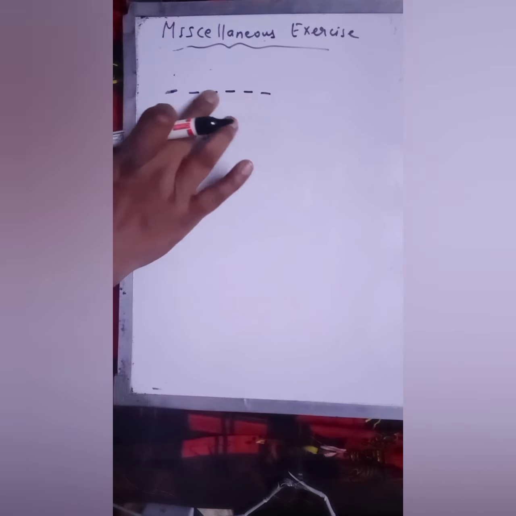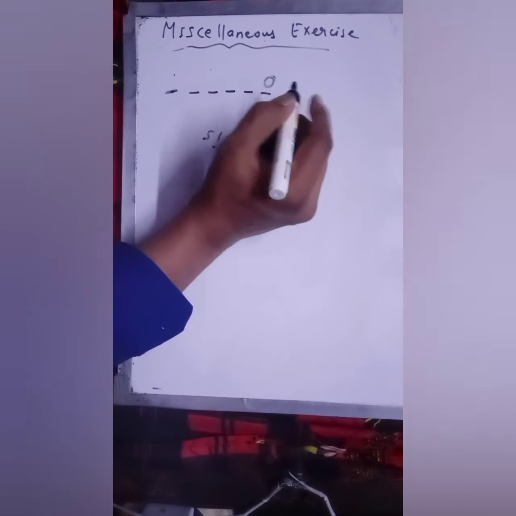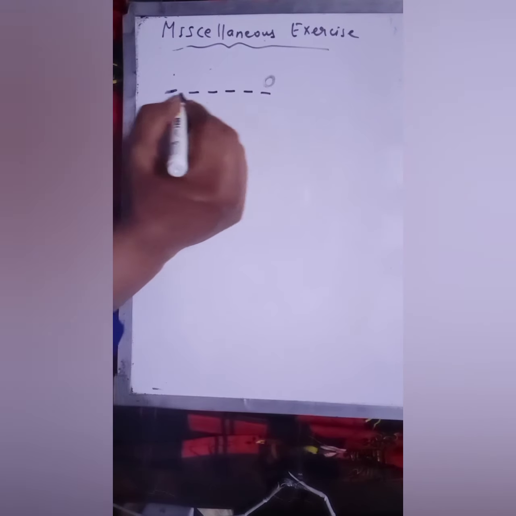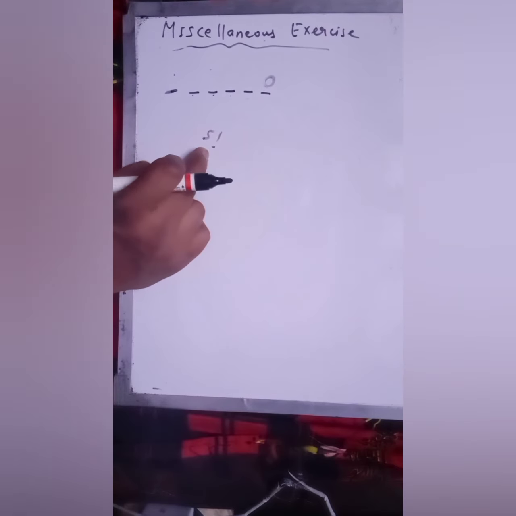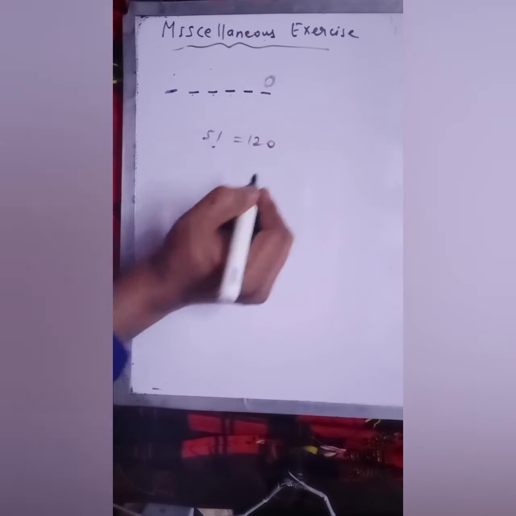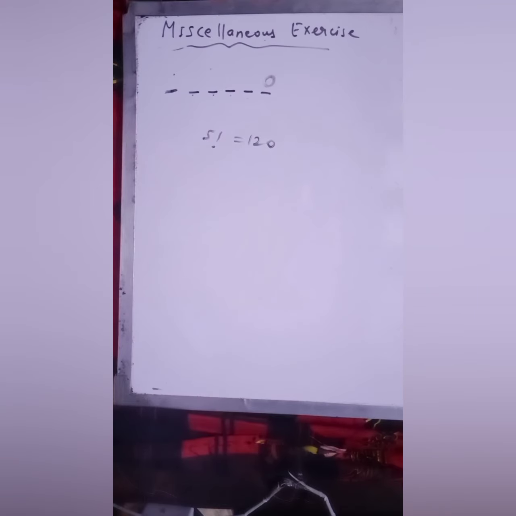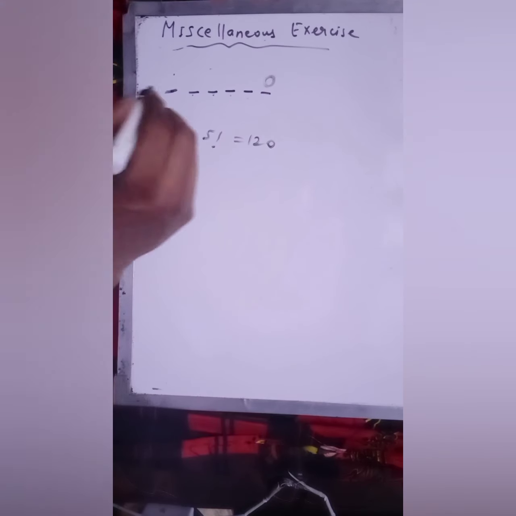Suppose we are fixing 0 here. So here you have 5 choices. So 5, 4, 3, 2, 1. So this 5 factorial will come, that is equal to 120. So this is the solution of question number 5.